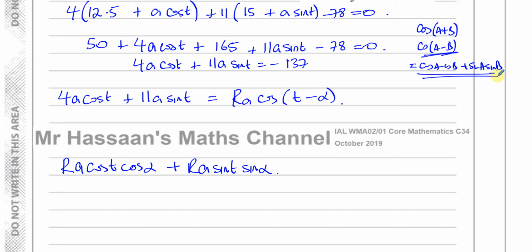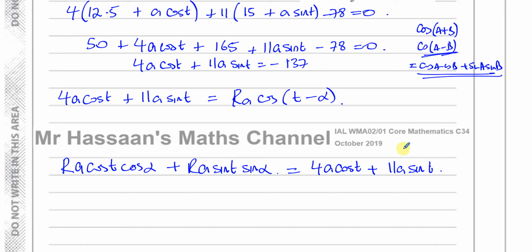We've got that in our formula book; it's called the addition formula. So I know that this has to be the same as 4a cosine t plus 11a sine t.